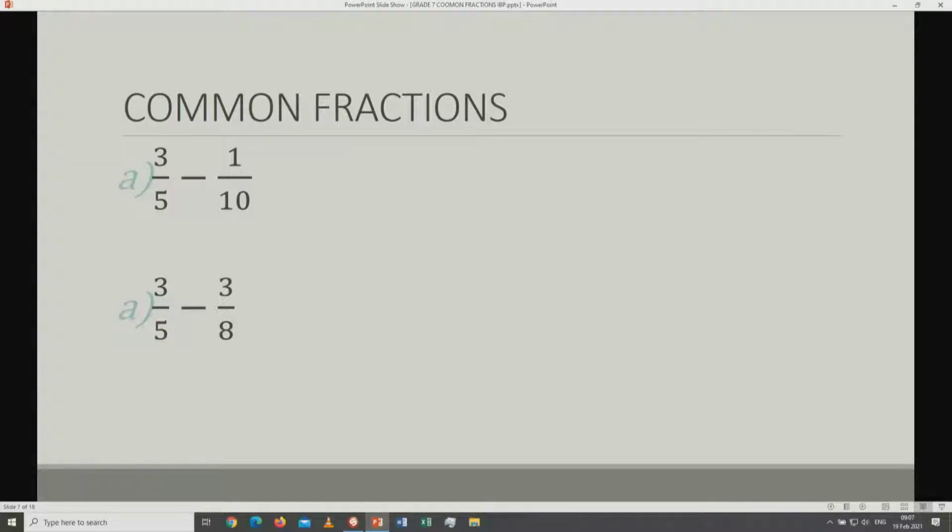Right. Now, here on the screen, I've got common fractions, 3/5 minus 1/10. And the other one is 3/5 minus 3/8. Now, let us take a look.